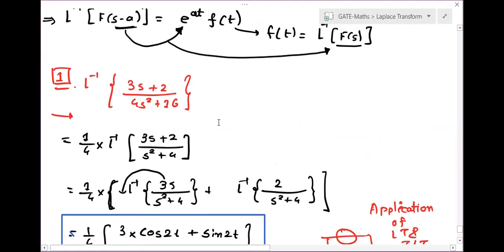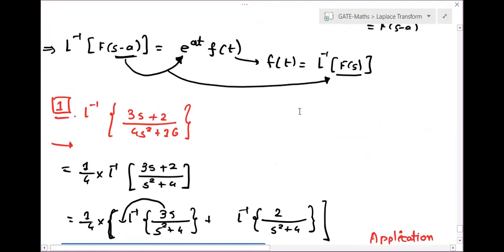And how can you write that f of s? From s minus a, you have to remove a. To remove a, as we were doing in the second shifting property, we add plus a in place of s. Instead of s, we write s plus a. I'm repeating this once again.